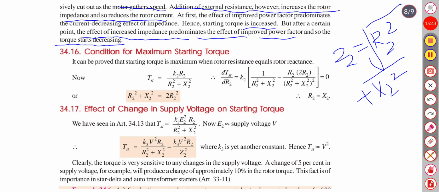Now the condition for maximum starting torque. We know the formula for the starting torque. If we differentiate it with respect to R2, it should be 0.